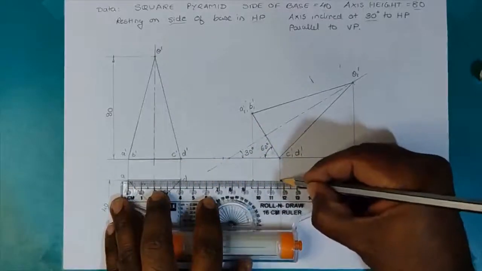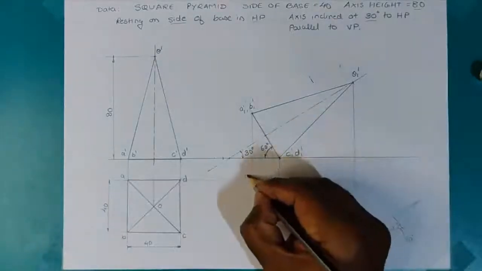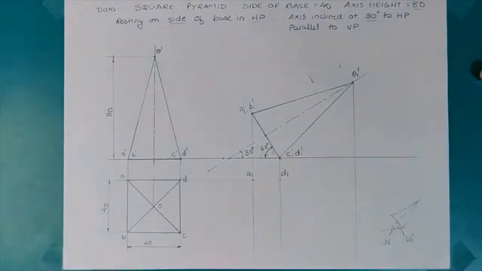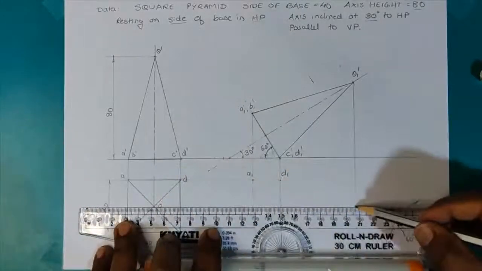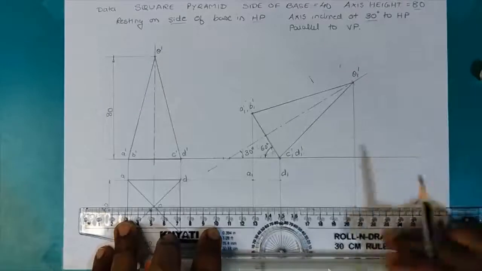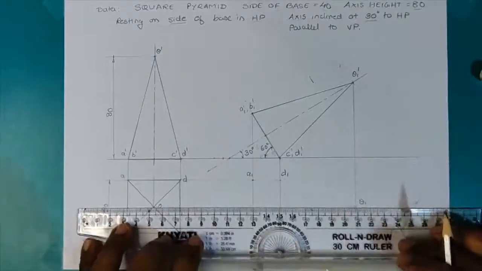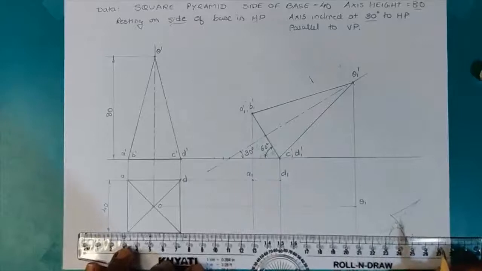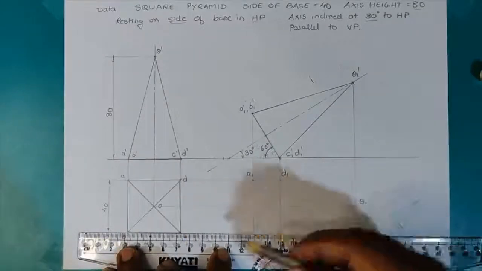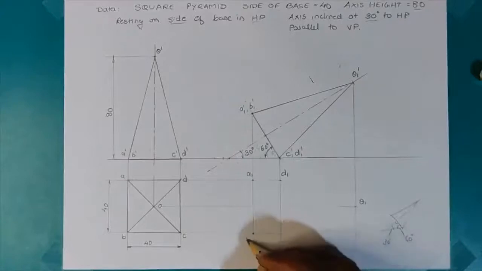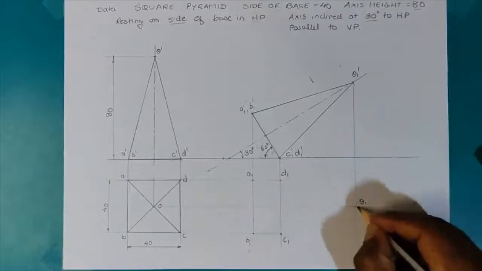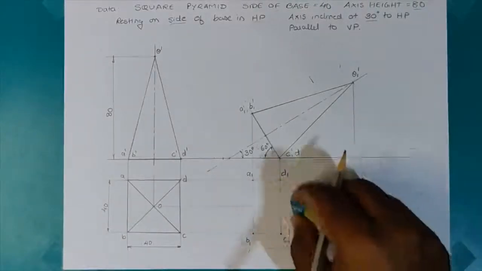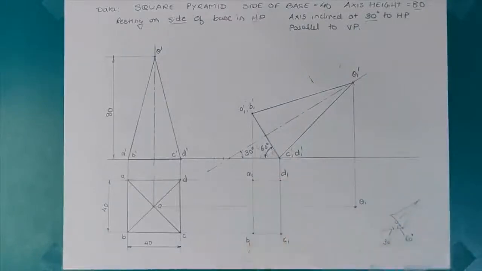So the projector of A1 dash and the locus of A would give me A1, and the projector of D1 dash and the locus of D would give me D1. The projector of O1 dash and the locus of O gives me O1. The intersection of the projectors of B1 dash and C1 dash with the corresponding loci of B and C would give me B1 and C1.